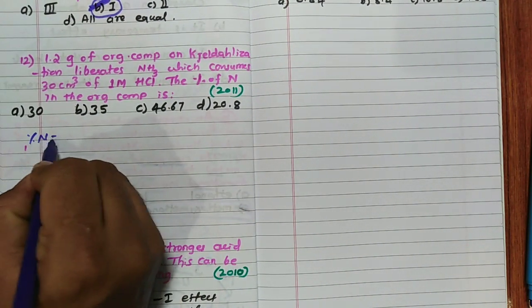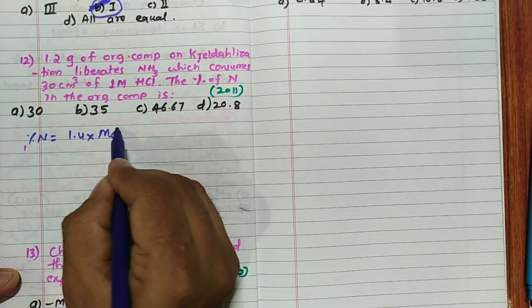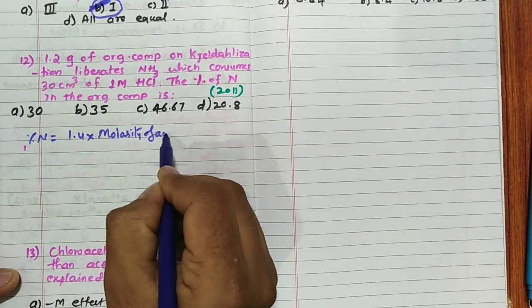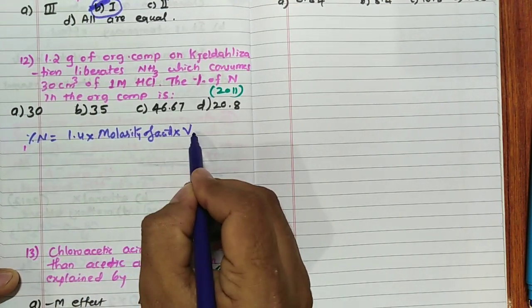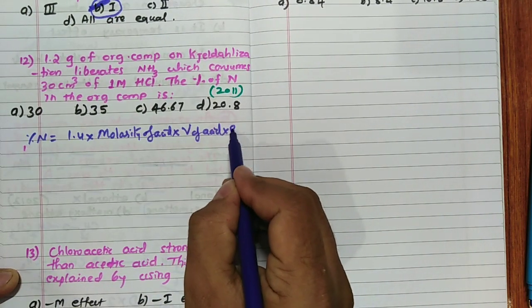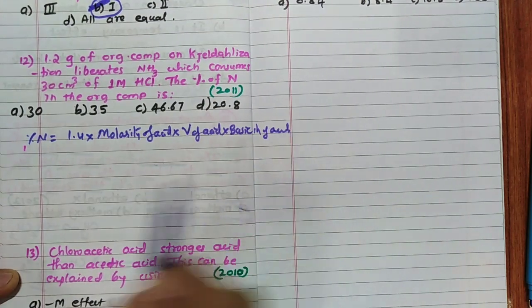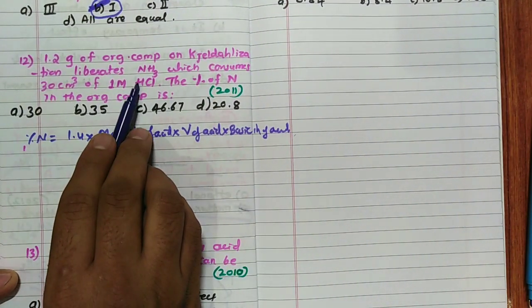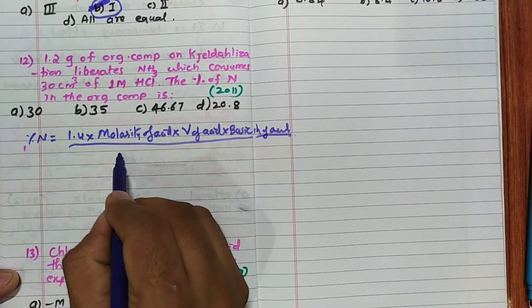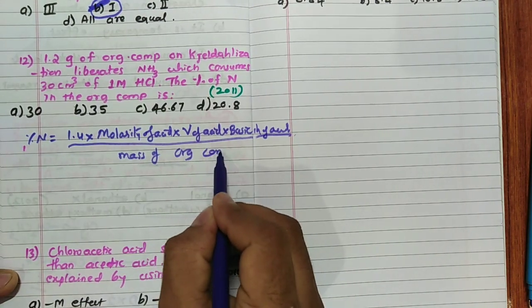Percentage of nitrogen is equal to 1.4 into molarity of acid into volume of acid into basicity of acid. Basicity of the acid is 1 because the number of replaceable hydrogen atoms is 1 here, divided by mass of the organic compound.